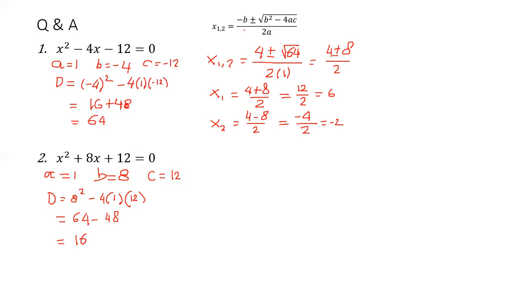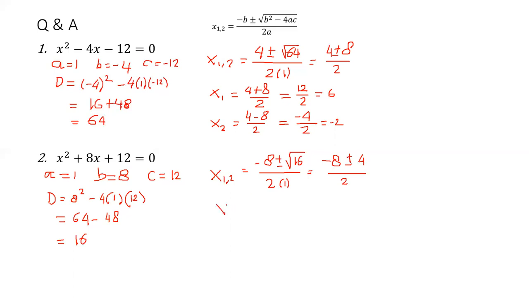All right. And next, I'm going to use this formula. x1 and 2 equals minus 8, yeah, minus 8, plus minus square root of 16, over 2 multiplied by 1, equals negative 8 plus minus 4, because the square root of 16 is 4, over 2.